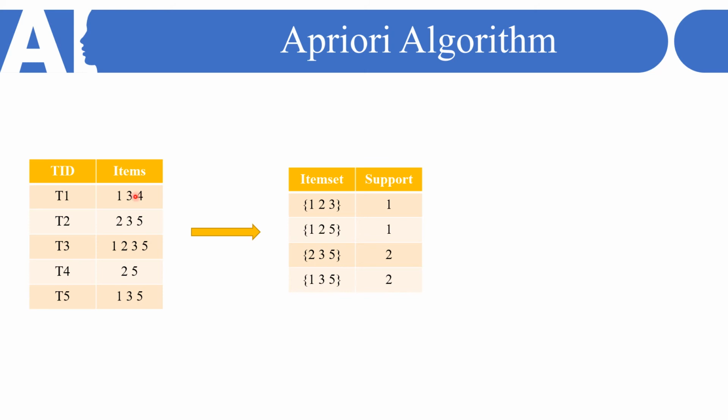So if I see this one 1 3 4, then here the possible subsets of this are, first will be 1 3 4, second will be 1 3, then we'll be having 3 4, then we'll be having 1 4, like this. So if any one of the subset is eliminated previously, then we cannot use it.